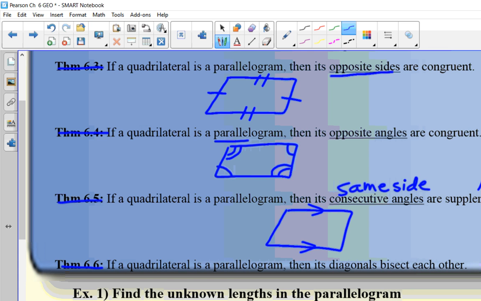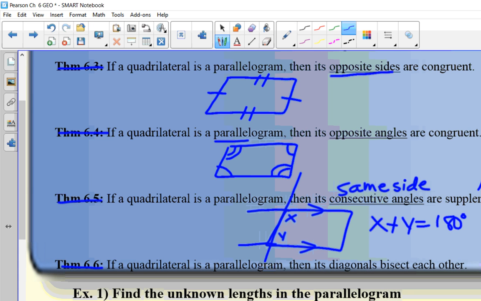That means you've got parallel sides, which means if I've got parallel lines and parallel sides, I can draw a transversal. We did that when we talked about alternate interior angles. Well, now if I've got my transversal going on here, the same side interior angles are going to be these guys, and I'll call them X and Y because they're different, but X plus Y should be 180 degrees.